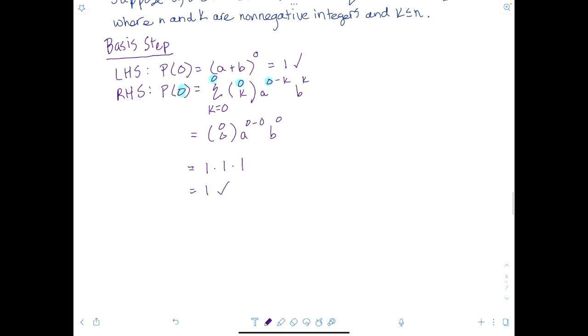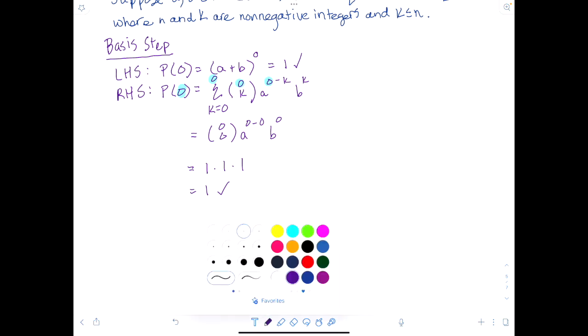So the inductive step is next on our agenda. Aren't you excited? All right.